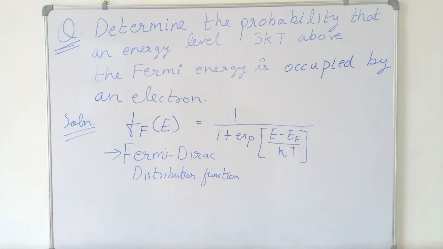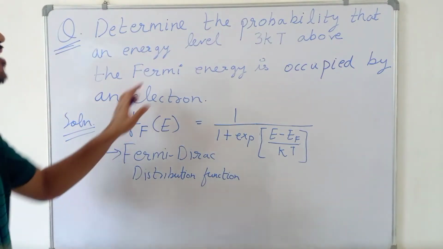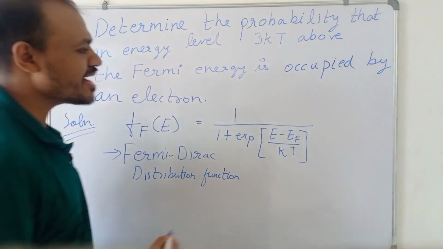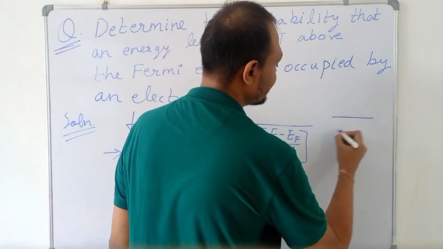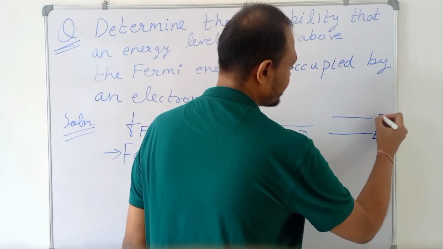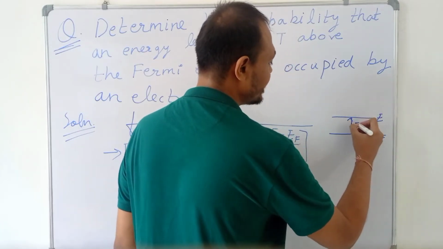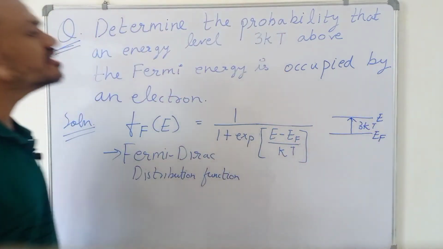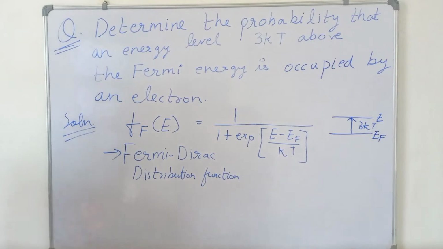In this question, we have to determine the energy level 3 kT above the Fermi energy. So E is 3 kT above the Fermi energy, which means the distance between E and EF is 3 kT.